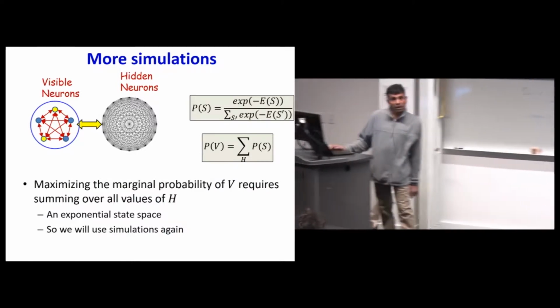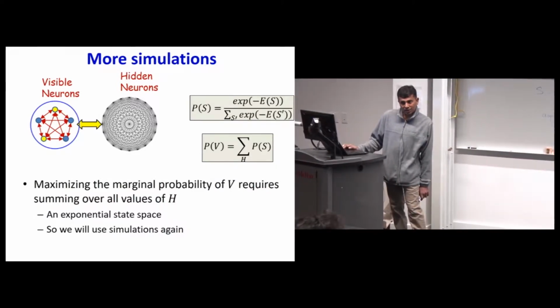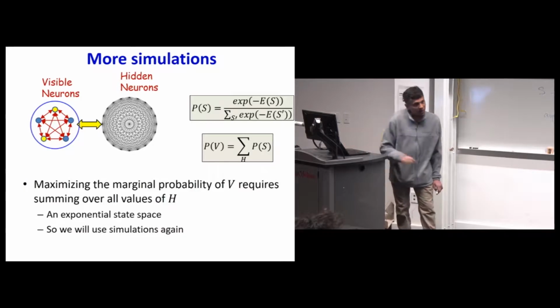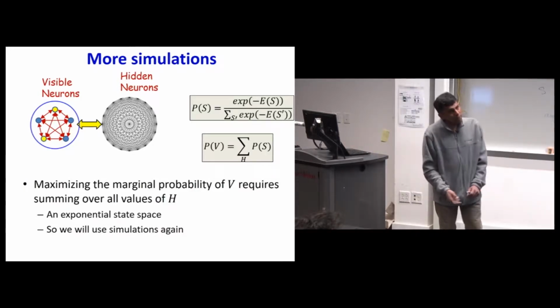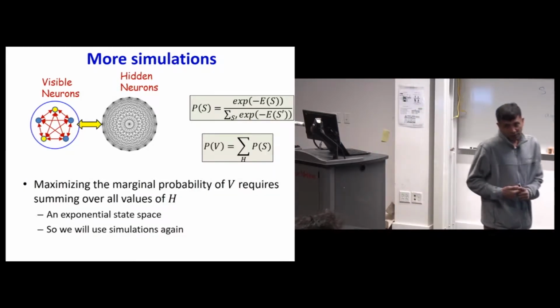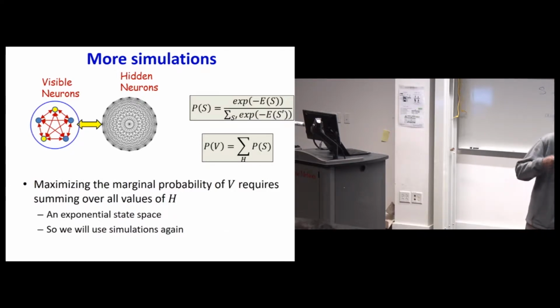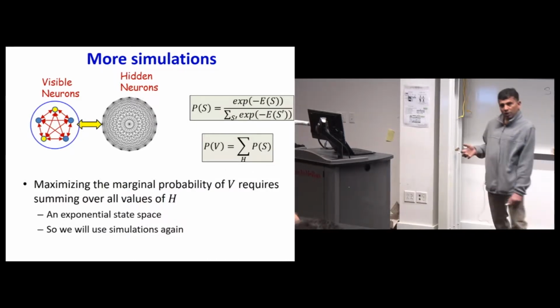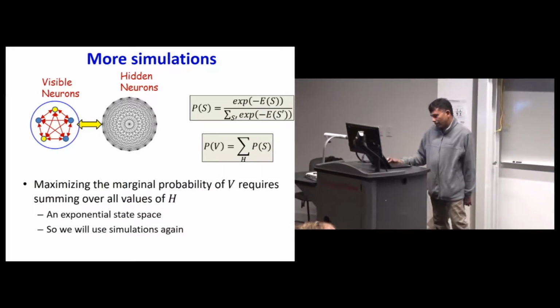Again, this summation is still over an exponential space. But anytime you think of a summation, what are we really doing? When I'm summing over all hidden values to get P of V, I'm basically taking an expected value over all possible hidden values.